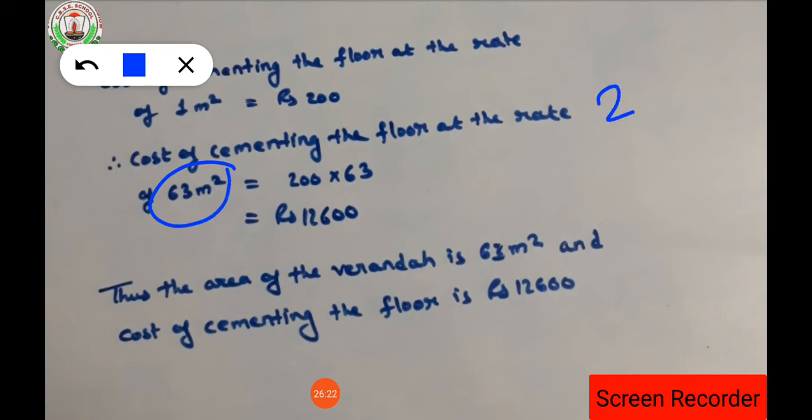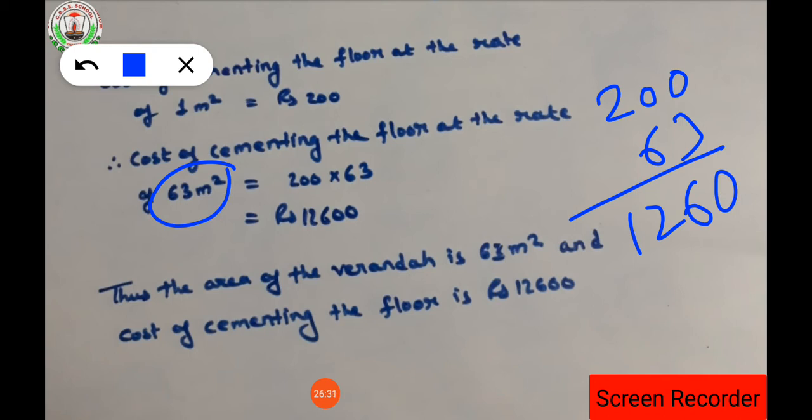So that 63 meter square will be multiplied with 200 to get the required cost. So the cost of cementing the floor will be how much? That is 1260 rupees. Have you understood?